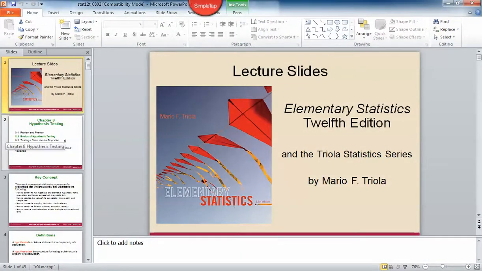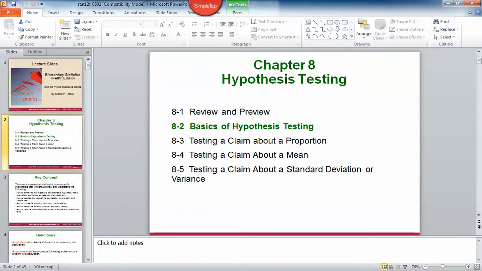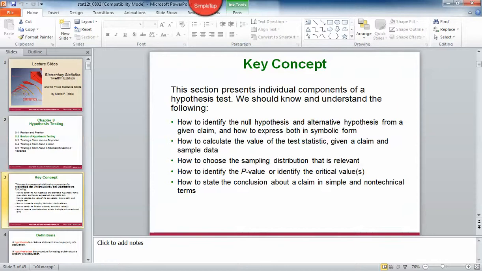Which brings us to Section 2, the basics of hypothesis testing. The first thing that we're going to go over in this section is how to identify the null hypothesis and the alternate hypothesis from a given claim, and how to express both in symbolic form.